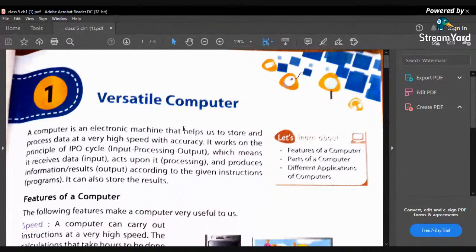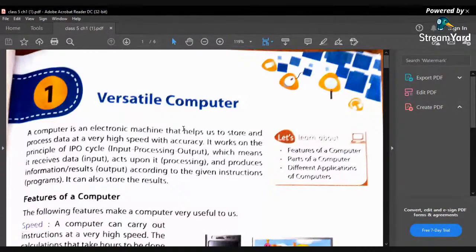How do we say that it stores and processes data? Because the storage capacity of humans is very limited, but the storage capacity of computers is very high. It has a huge capacity.